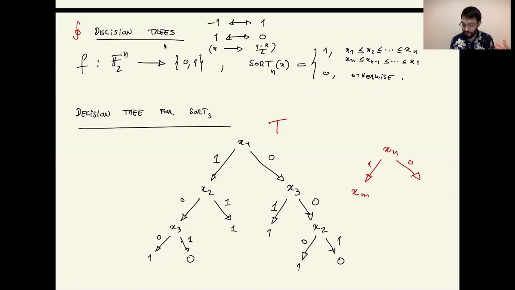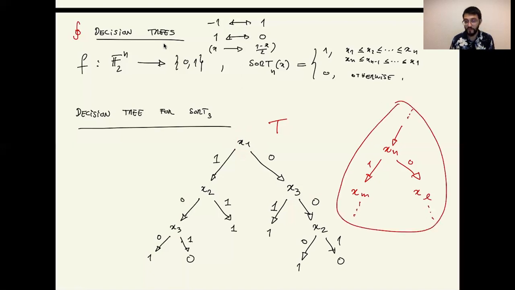It doesn't need to be in order. As you saw, I query x1 here, and then I query x3. I could start with something else, with xn or whatever. But the bottom line is that this is more or less the structure you will see in a tree.